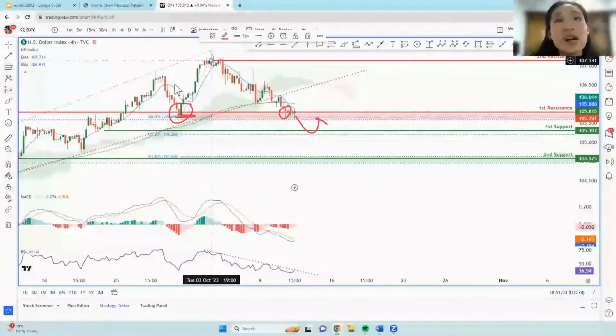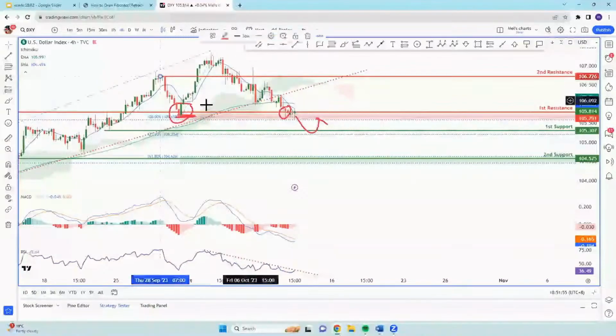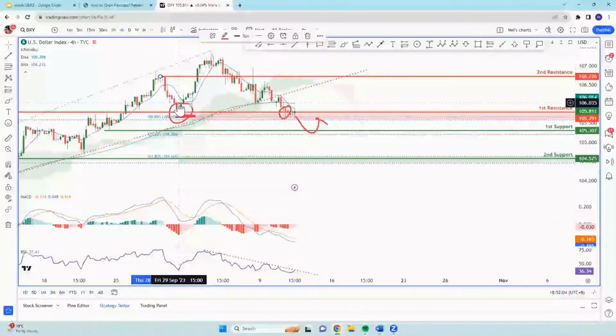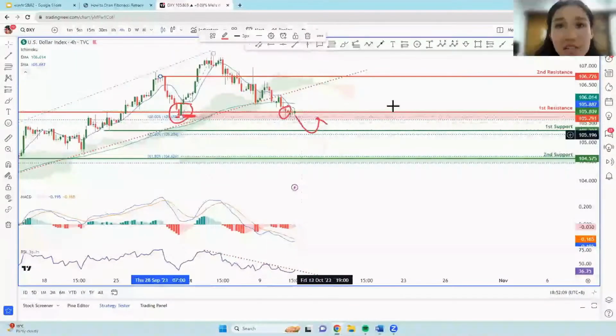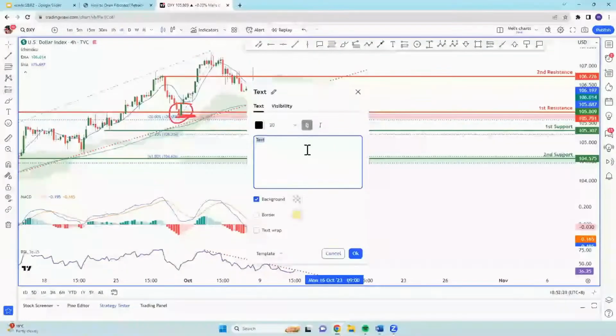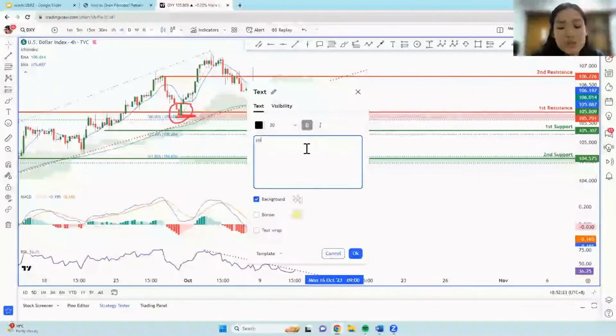But in this case, because price has passed under it, I'm using this as my level of reference. So once price passes under the previous low, it becomes a resistance level. Yeah, this is what we call a pullback resistance.